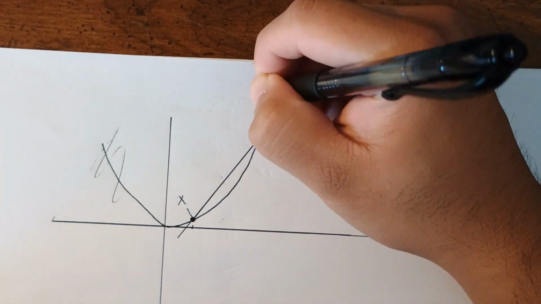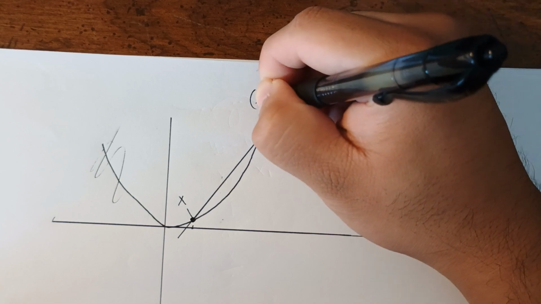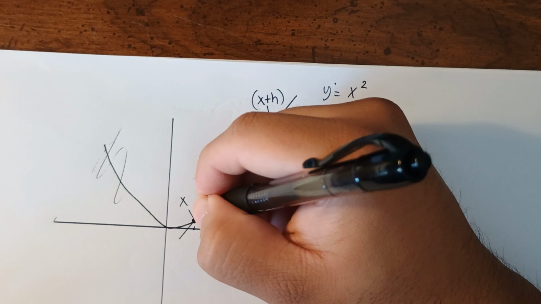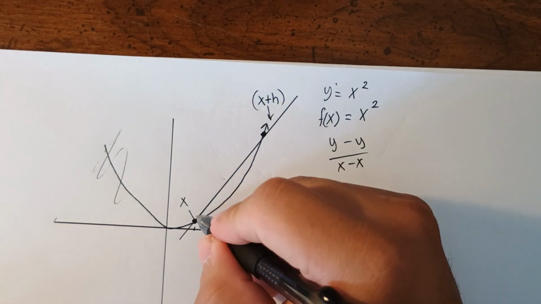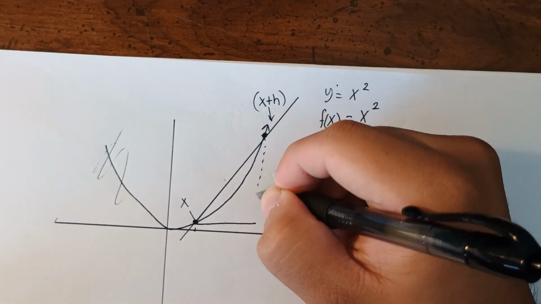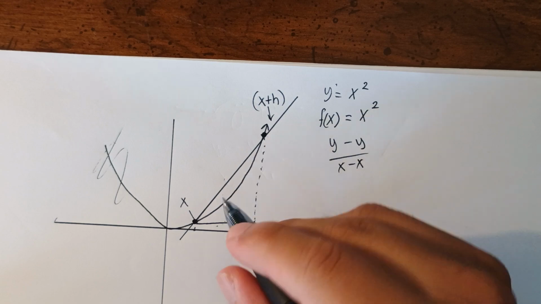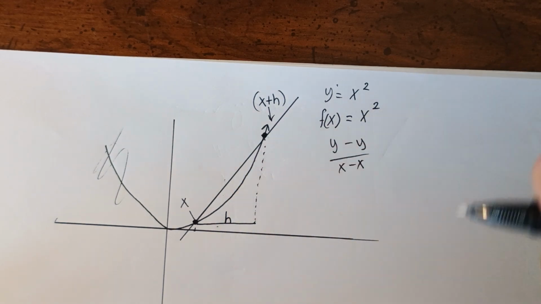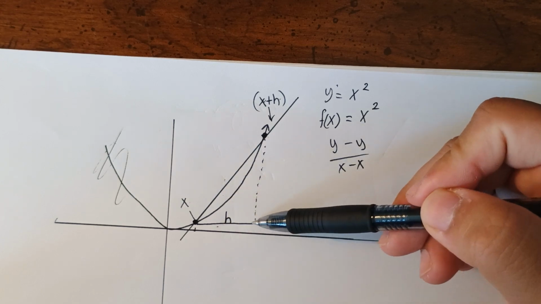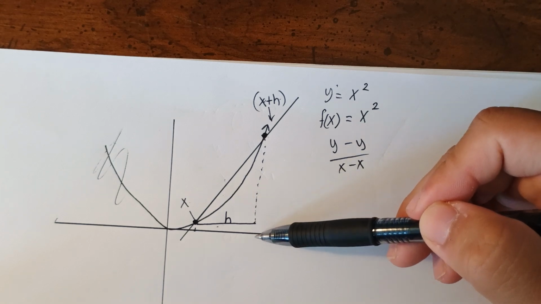And we're going to call this point up here x plus h, because this is the distance between this point and this point. The distance between them is h. So I just did x plus h, because if we just added h distance, we would get to this point, the x value distance.